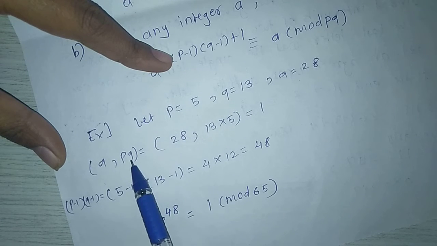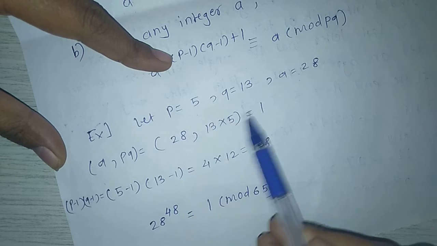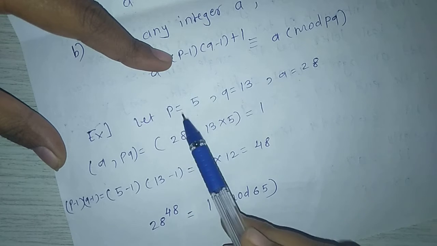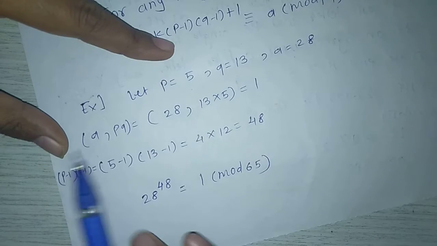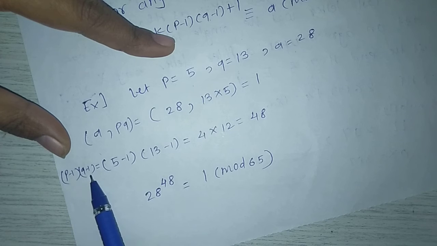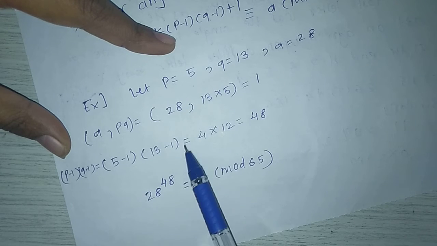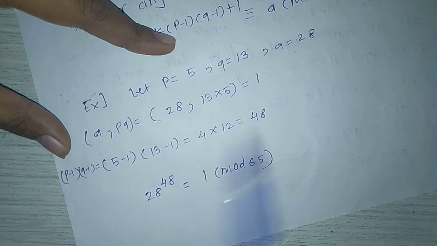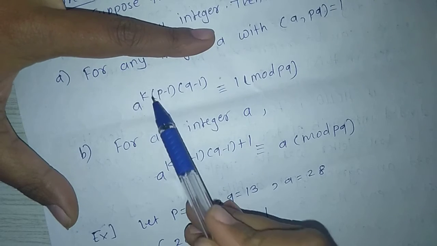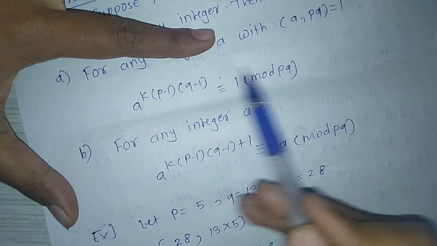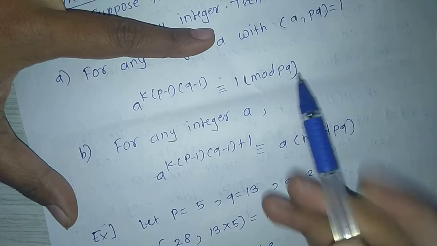GCD of a, pq equal to GCD of 28, 13 into 5, which is equal to 1. (p minus 1) into (q minus 1) equal to (5 minus 1) into (13 minus 1) equal to 4 into 12 equal to 48. We have a raised to k into (p minus 1) into (q minus 1) is congruent to 1 modulo pq.